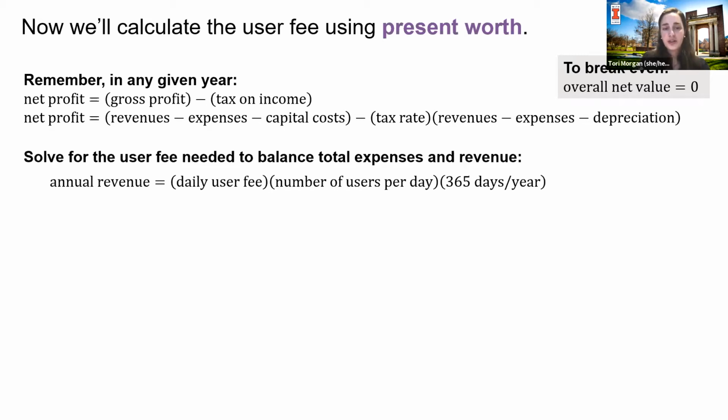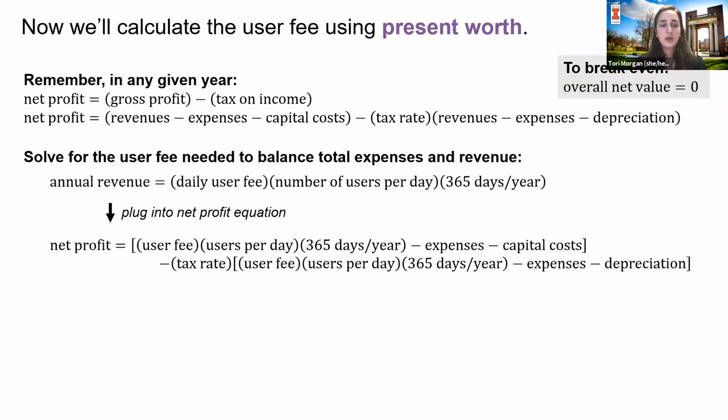First you'll want to calculate the annual revenue. To do that, you need to know the daily user fee, which might be set by the user or in your system, the number of users per day, and days per year.